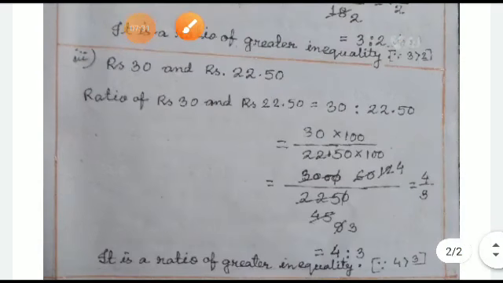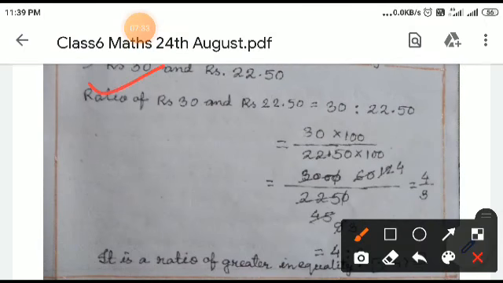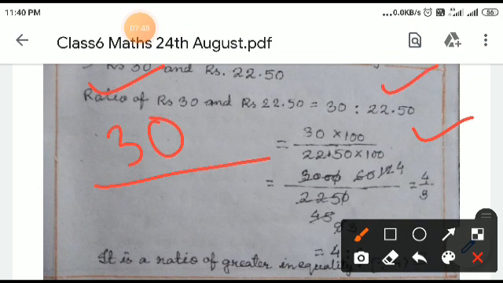Now sum number 3, rupees 30 and rupees 22.50. So their ratio is 30 is to 22.50 without any unit. Now expressing the first term as numerator and second term as denominator, we are getting 30 by 22.50. 22.50 is a decimal fraction.